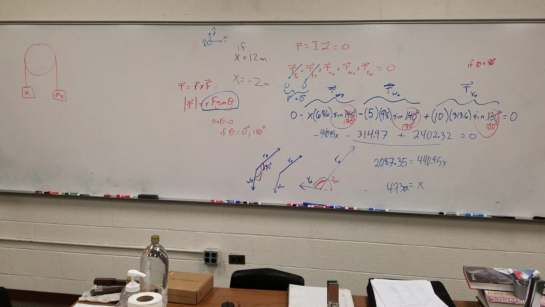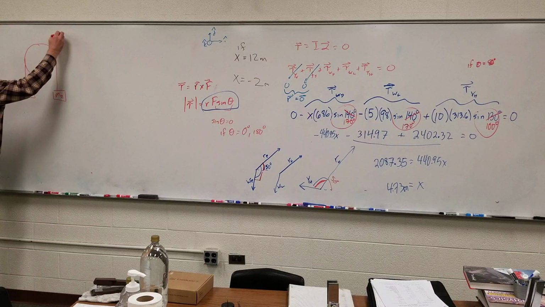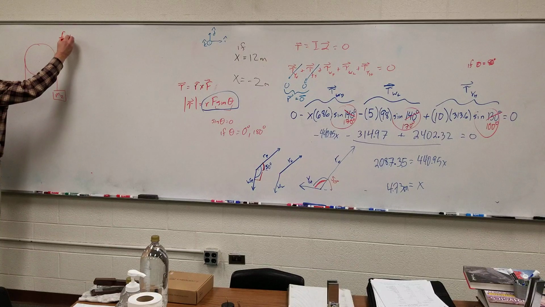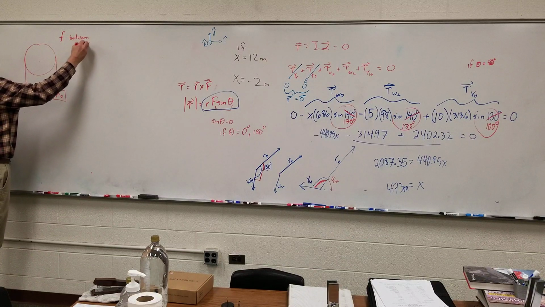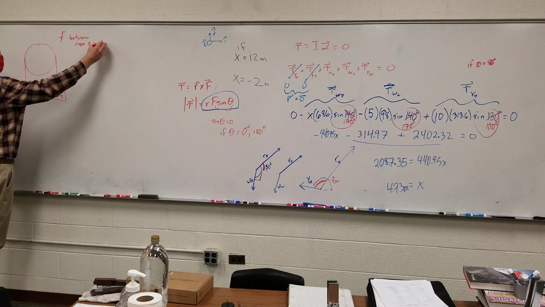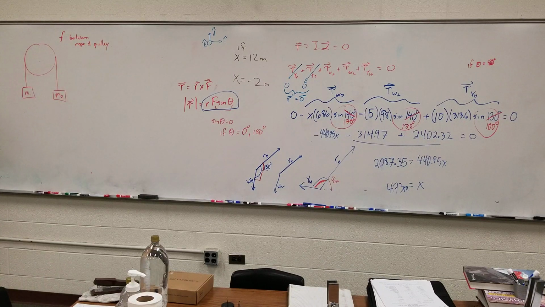We're now going to remove one of our ideals for the rope. There is now friction between rope and pulley. Classic physics approach: you start with a nice ideal situation and then you slowly start adding reality as we go.